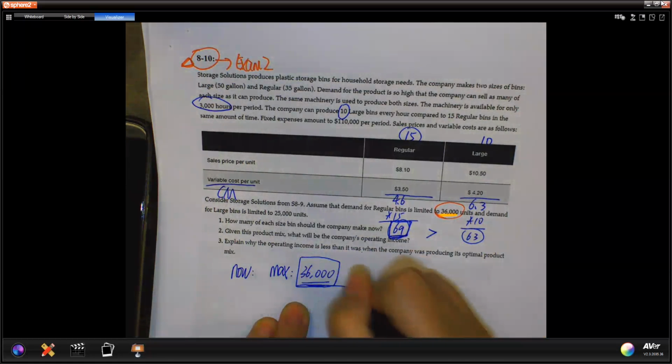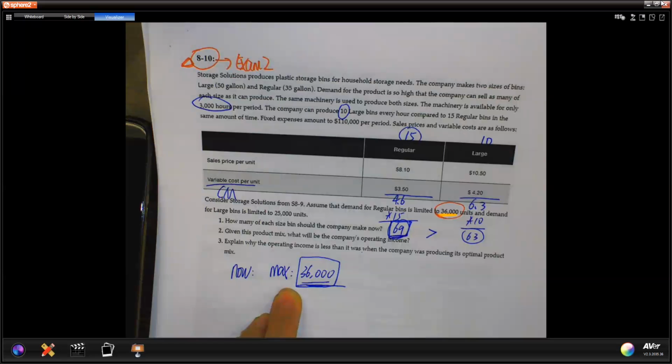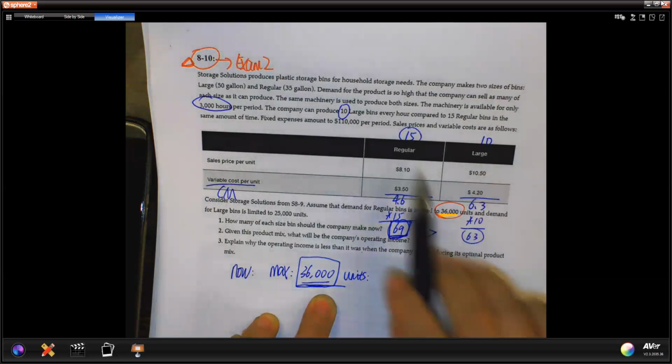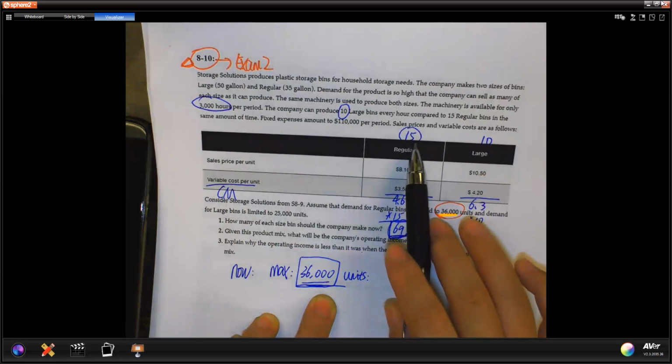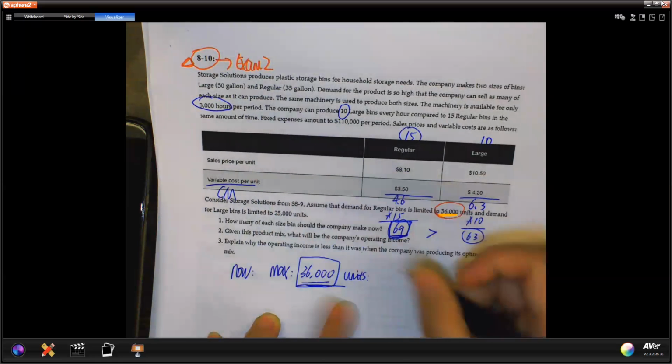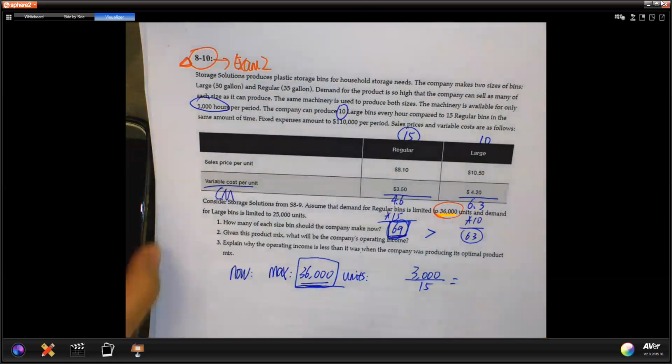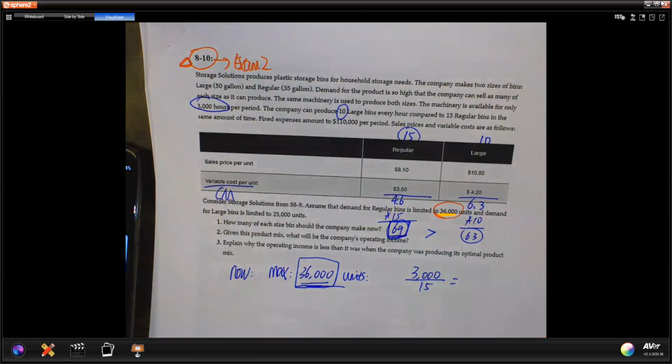So how many machine hours do we need to make 36,000 units? We said for 1 hour, it makes 15 units. So for our 3,000 machine hours, we will total make how many?